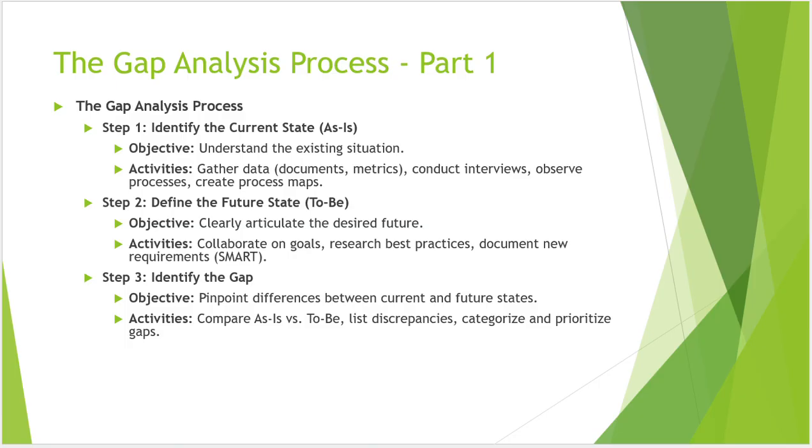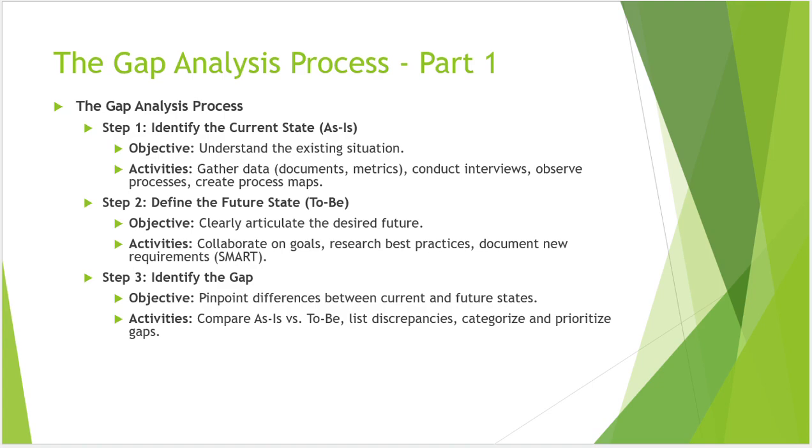Then identify the gaps. Where are the gaps, what are the fields, what are the descriptions, what are the technology gaps. So identify those gaps, what is not in the current process and what should be in the to-be process. So identify such things, eliminate such things. The objective is to pinpoint the difference between the current and to-be process or the future state.